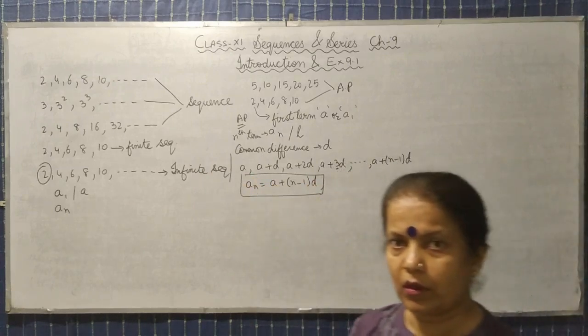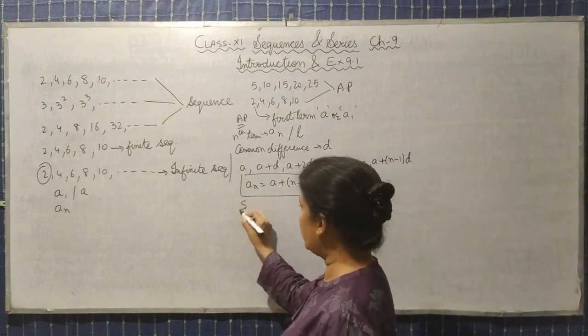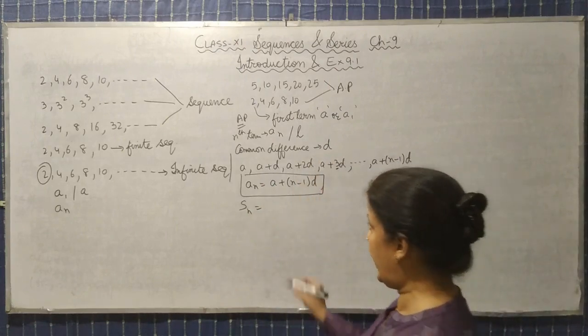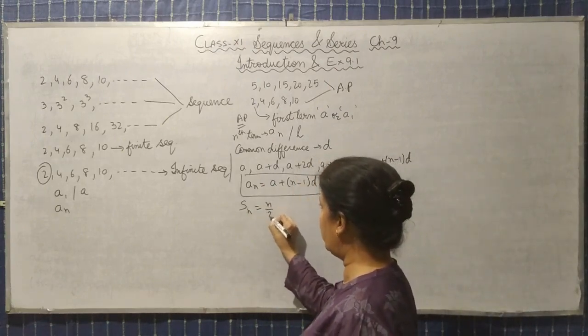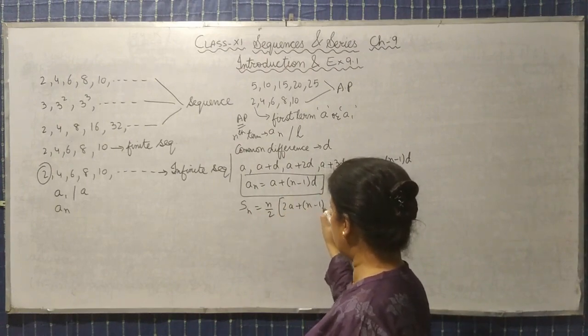We are only recalling it. In the same way, the sum of the n terms of an AP is n by 2 times 2a plus n minus 1 into d.